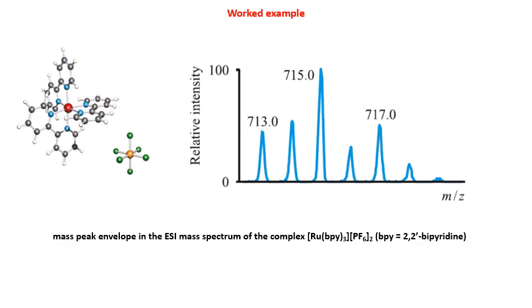So you get this kind of pattern, 1 2 3 4 5 6 7, and this spacing is 1 unit apart, which suggests that the ion formed is singly charged, positively charged, not doubly charged. If it were a doubly charged species, you would get a separation of 1/2 or 0.5.